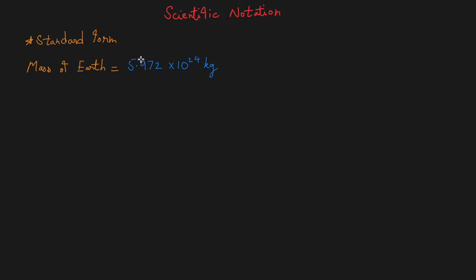And you can see how big this value is. 10 power 24 basically means one followed by 24 zeros. So instead of writing one and then 24 zeros, we convert it into a power of 10, which is now 10 power 24. This is the example of a very large quantity, the mass of the earth.